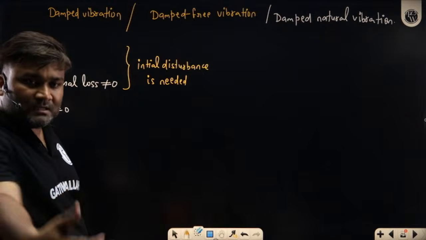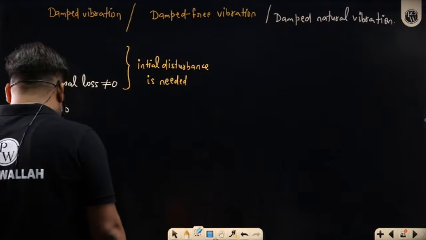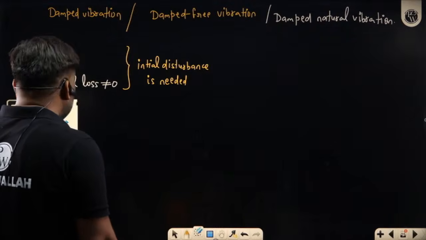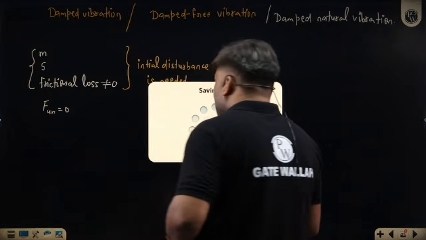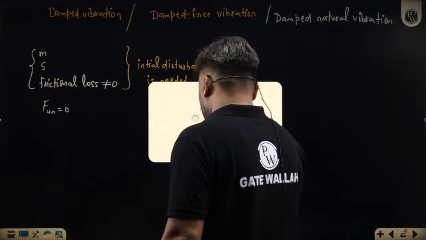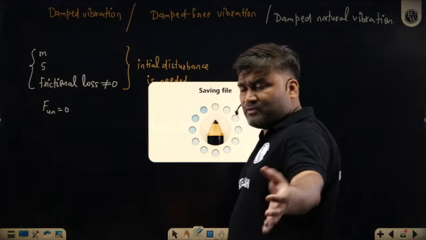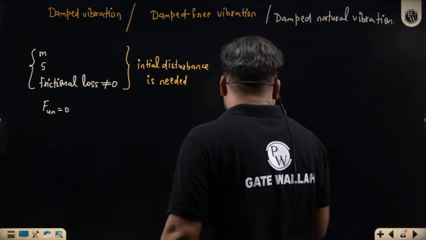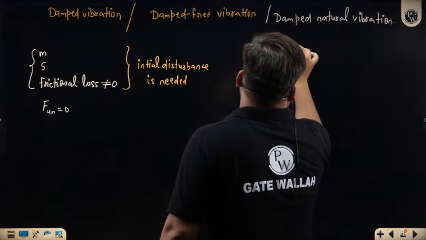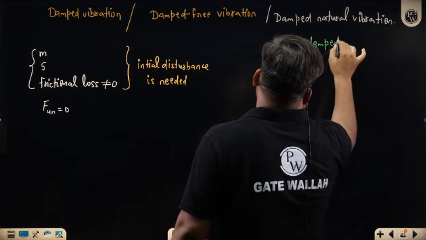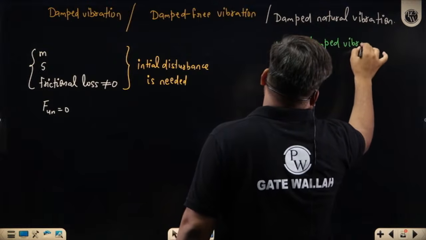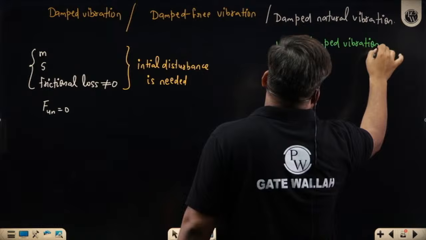And further, you will also see that sometimes people use the word underdamped vibration. What is the meaning of underdamped vibration? I don't know. After a few minutes you will get to know. Why underdamped vibration?